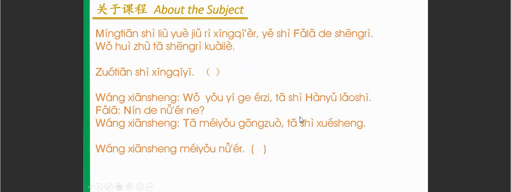You will read the sentence above, then below it you will mark true or false. So let's do the first question. 明天是6月9日，星期二，也是法拉的生日，我会祝他生日快乐。After you read the sentence, it's like reading comprehension.